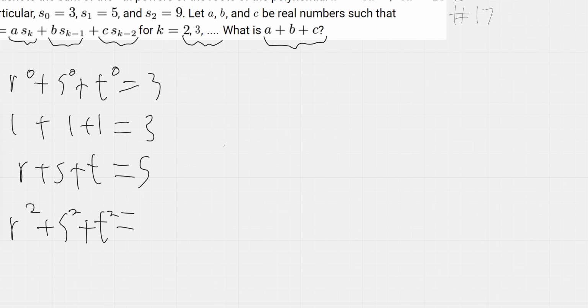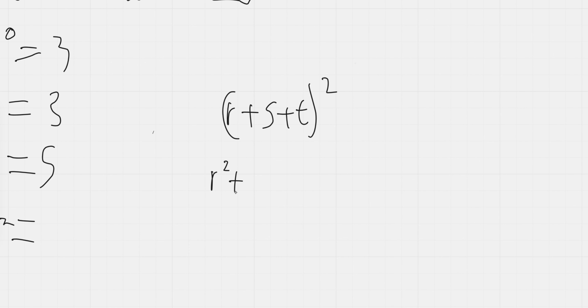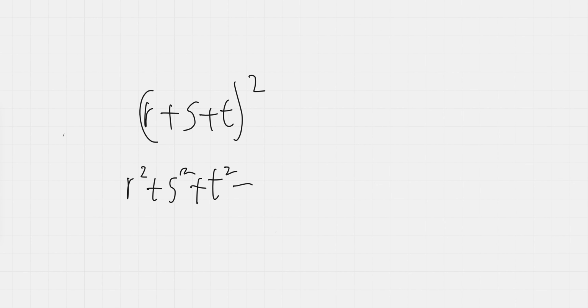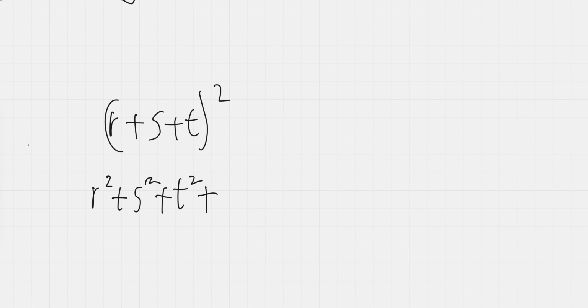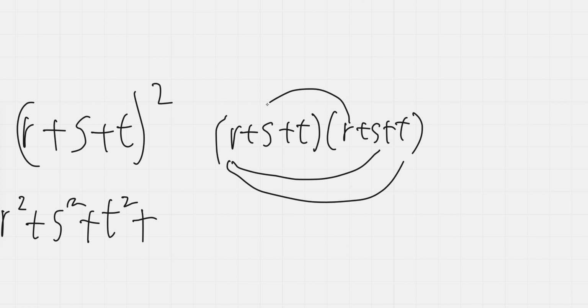Well, we can try what we did last time. We have r plus s plus t, which we can square. And you have r squared plus s squared plus t squared plus, but let me just write this out for convenience so that it's easy for you to see. Once you've picked every repetition, you're going to pick all the terms that aren't squares. So that's rs, rt, but you can also go the other way. You can have sr and tr, so it's going to be 2 times every pair.